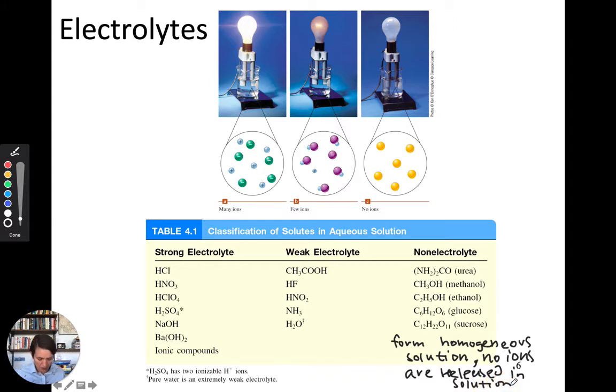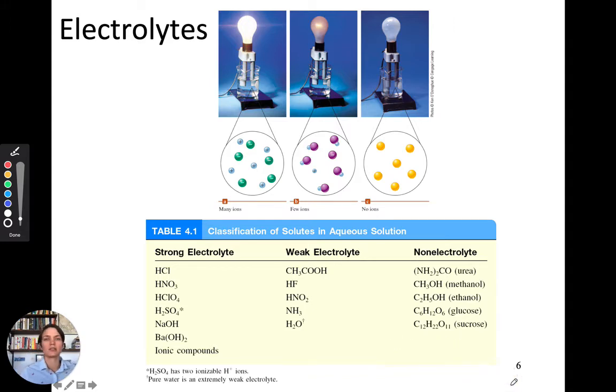Right, so if you put sugar in water, you just have whole sugar molecules that break apart from each other, so it's no longer a clump of sugar, but you still have just those individual sugar molecules.